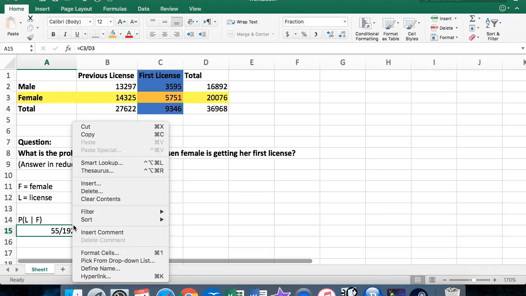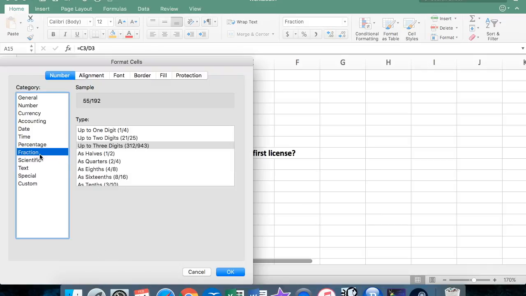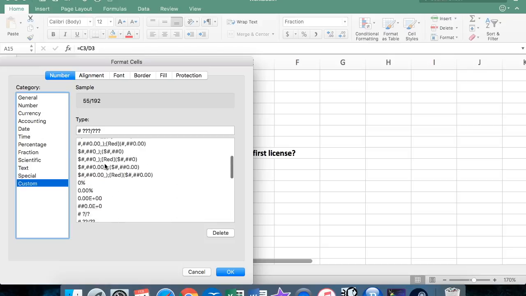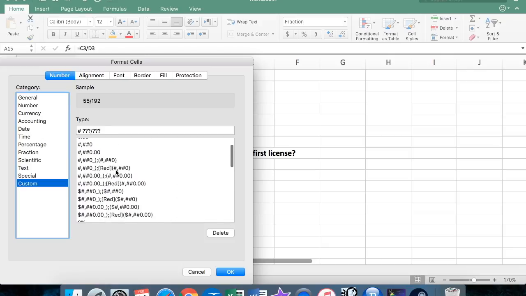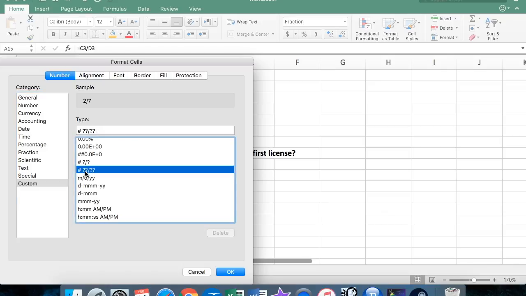What you're going to do is click on this, go to Format Cells, just like normal. Now instead of Fraction, go all the way down to Custom. There's all this junk here. Ignore all of this. Scroll down until you see this pound sign and then question mark divided by question mark. This is just saying, customize how many digits you want to see.